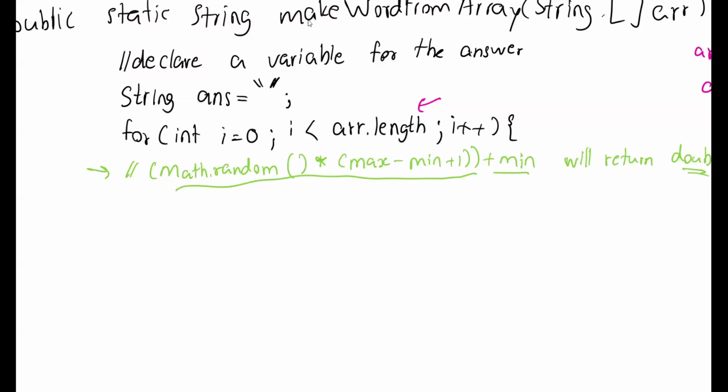How can we write it so that we can find a random letter from each word? Remember, each word has a different length, so you also need to track the length. Does anyone have any idea for this? How can we write this?